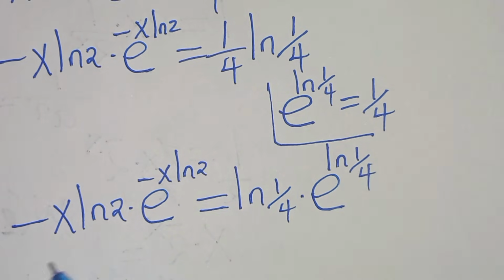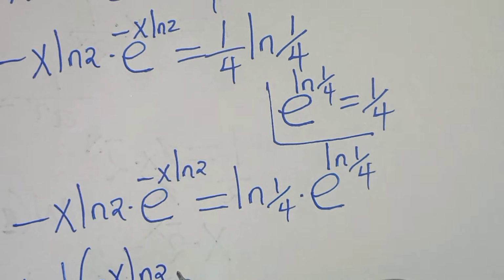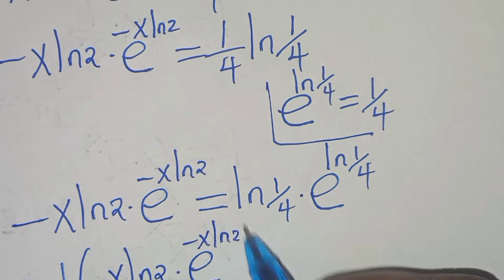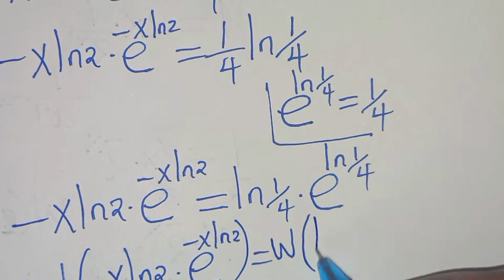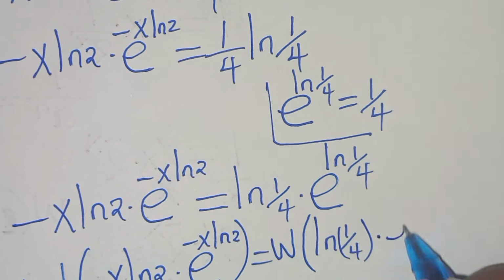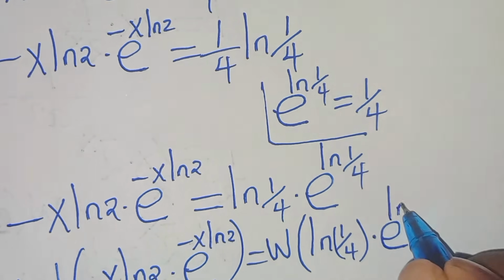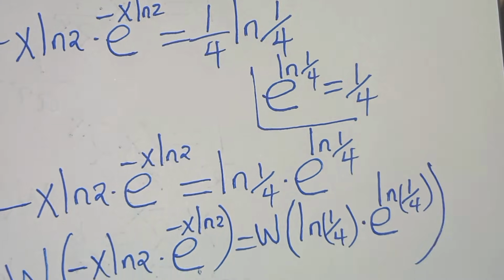So let's apply the Lambert W function on both sides. We have the W function of minus x ln of 2 times e to the power of minus x ln of 2 equal to the W function of ln of 1 over 4 multiplied by e to the power of ln of 1 over 4. Close the parentheses.